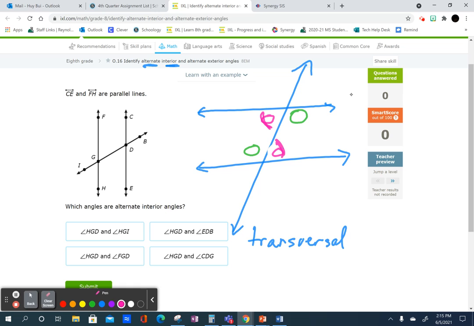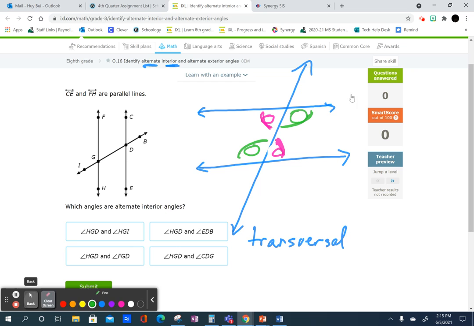Sorry, I'm going to draw this angle. And then the green ones are a little bit wider. But they're going to be congruent with each other. So the green and green are congruent, and the pink and pink are congruent. Okay, so these are angle pairs.